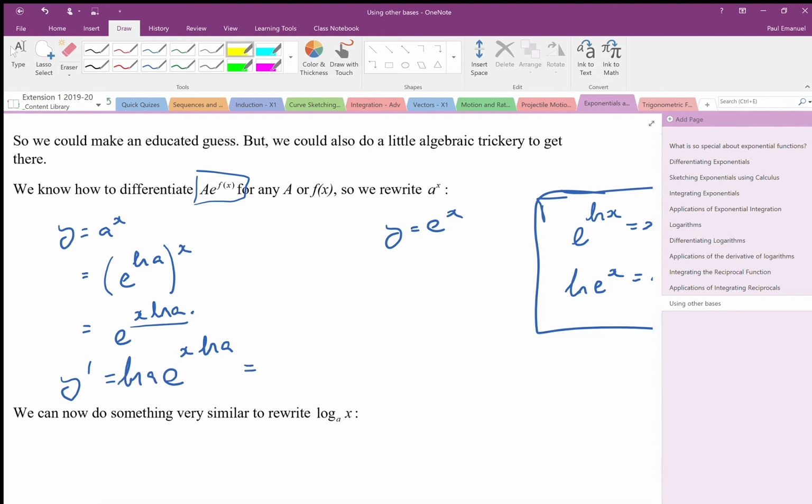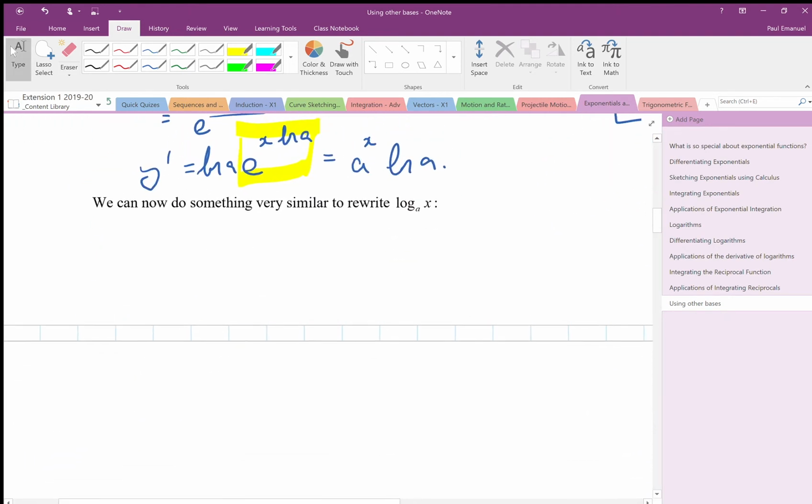Okay, this highlighted bit is exactly a to the x, because it's exactly that. And so we get the derivative is a to the x times log a. Now, you do not have to remember that as a rule. It's not a rule per se. You do need to know how to do it, so you should familiarize yourself with the method.